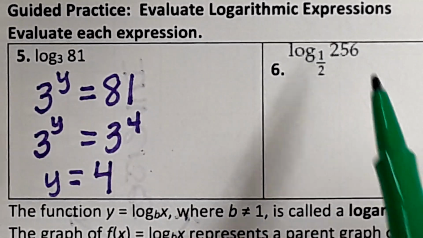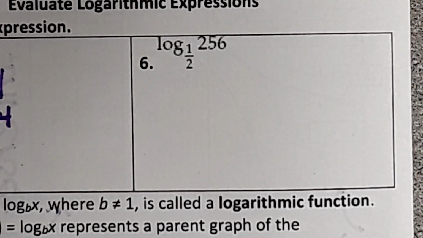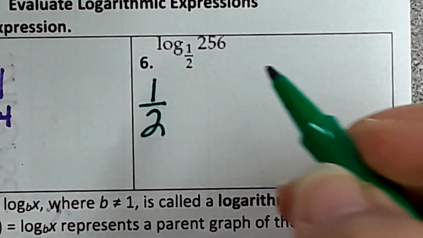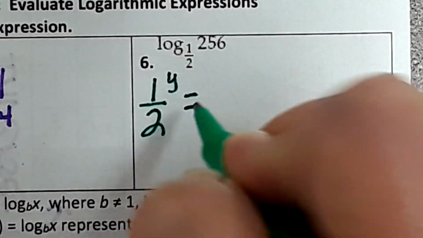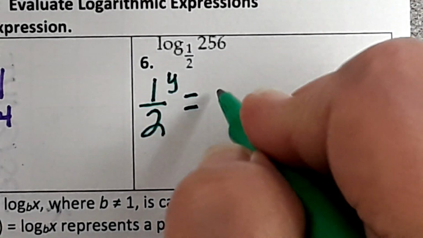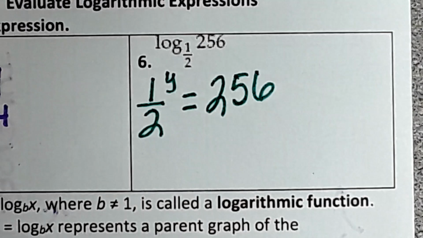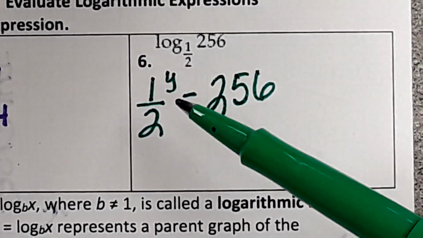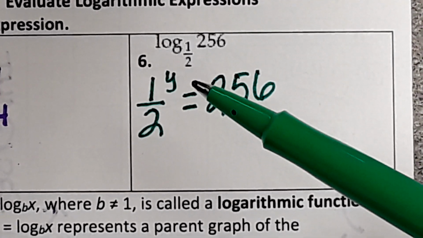Okay, so let's look at number 6. What is our base? 1/2. What's our exponent? y. And what is our x? What does it equal? There's two things here. One, your base should never be a fraction, even though it can be, but we can rewrite the fraction.